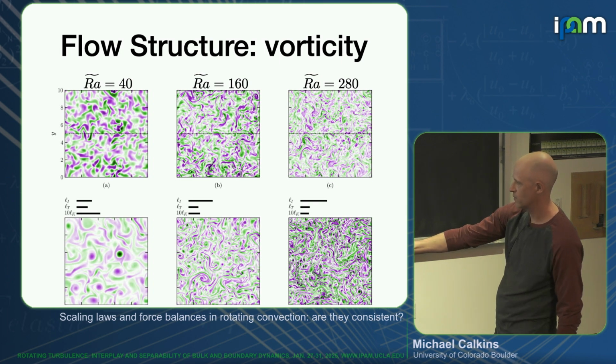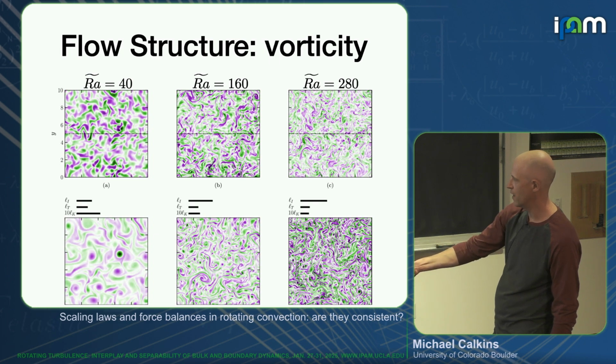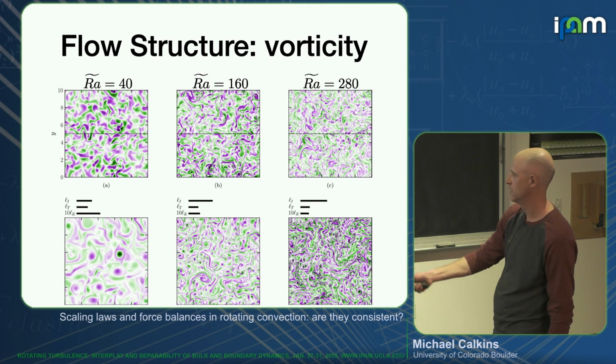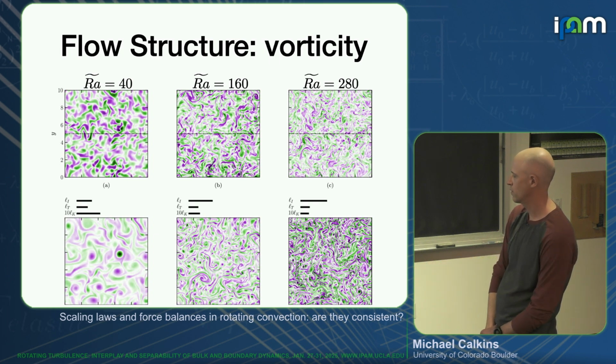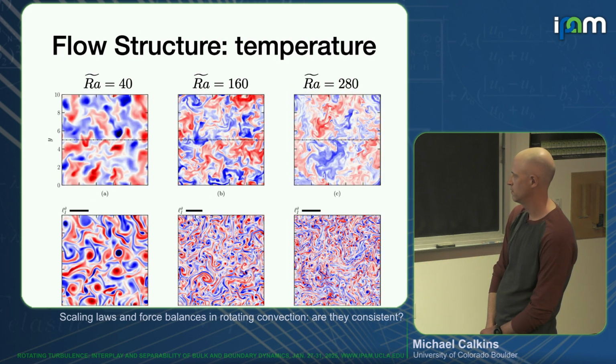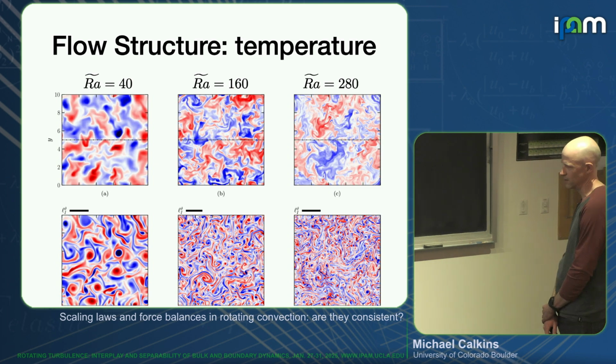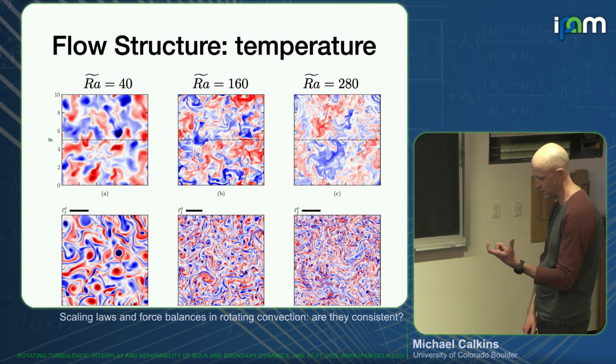And then for comparison, we're showing all the different computed length scales. So the integral scale is shown here on top right, and it has a slow increase. And then we're also showing the integral scale for the temperature field and the Kolmogorov length scale. If you look at it in the temperature field, it's a little bit more clear what that integral length scale might mean.